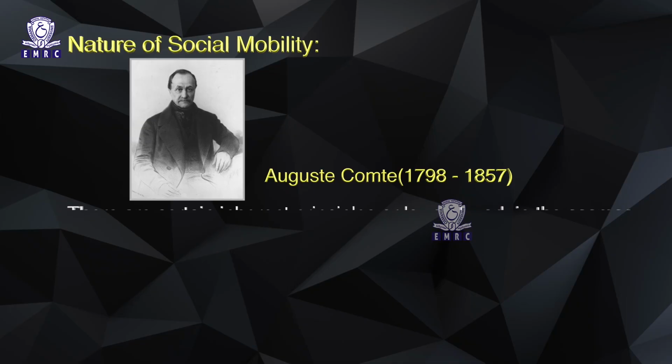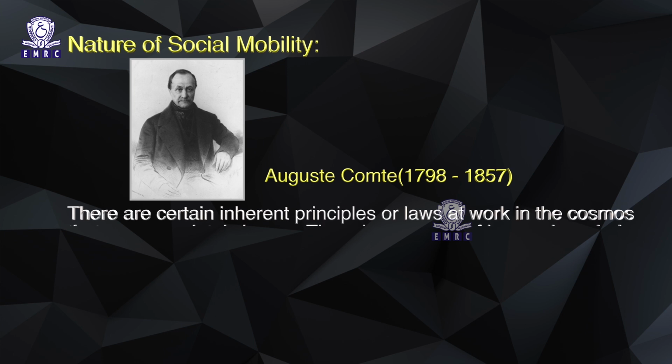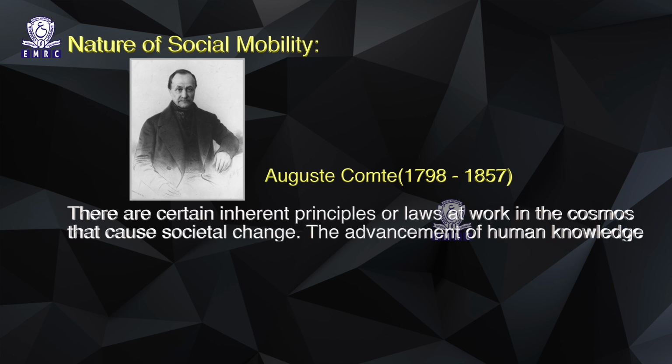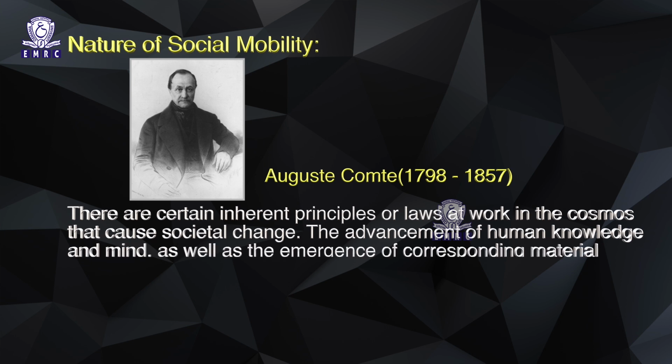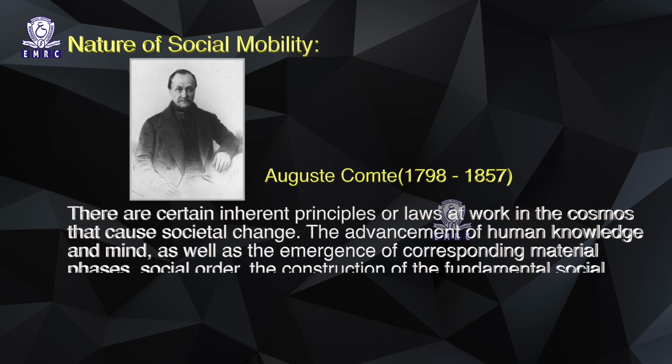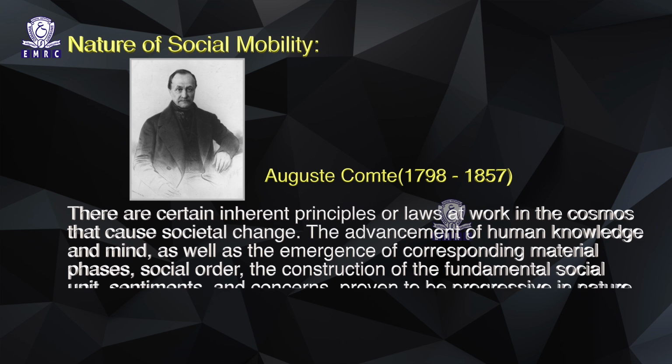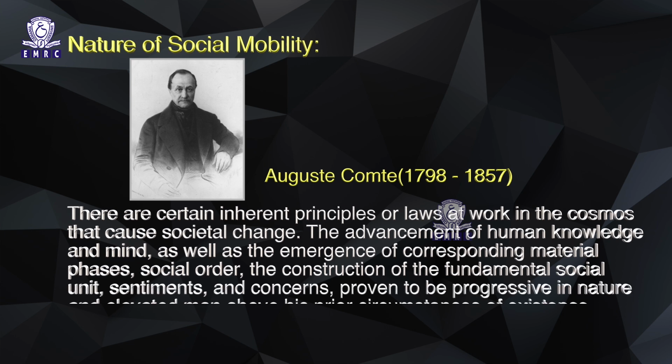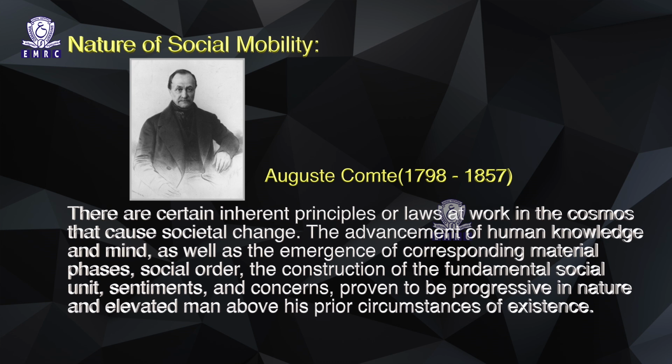in ever changing environments. Auguste Comte, a French sociologist, claims that there are certain inherent principles or laws at work in the cosmos that cause societal change. The advancement of human knowledge and mind, as well as the emergence of corresponding material phases, social order, the construction of the fundamental social unit, sentiments and concerns proved to be progressive in nature and elevated man above his prior circumstances of existence.